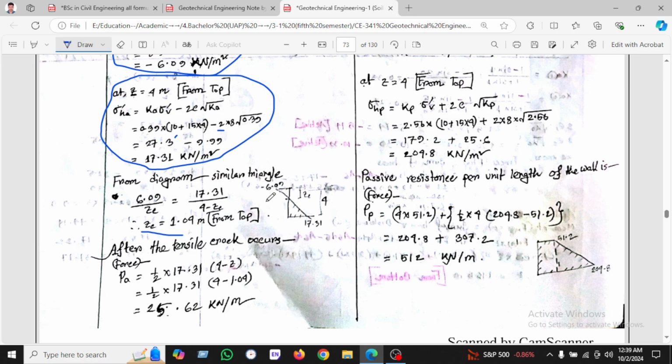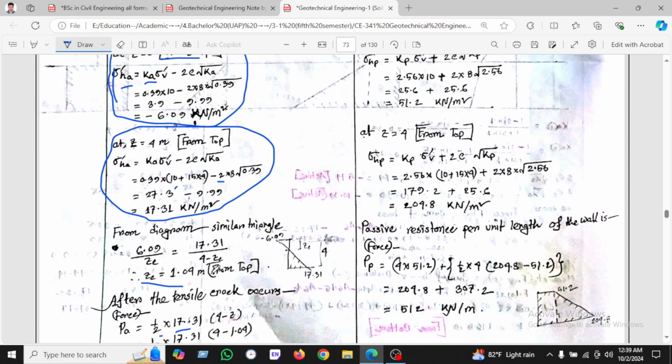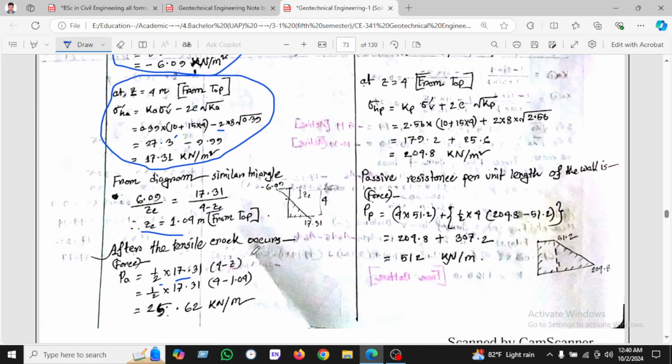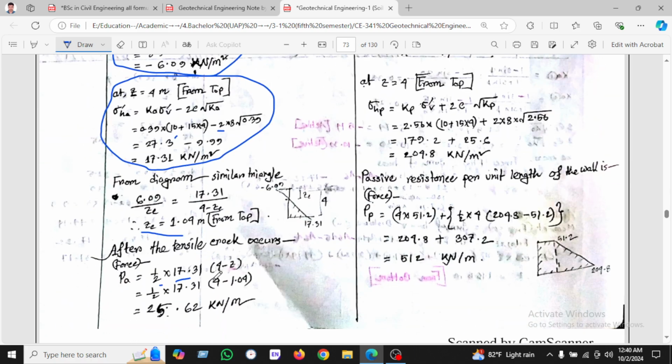Okay, so after the tensile crack occurred, the force will be half into length into height, which is the basic formula. And we put in half, and the base we have known here 70.31 and z minus 4.